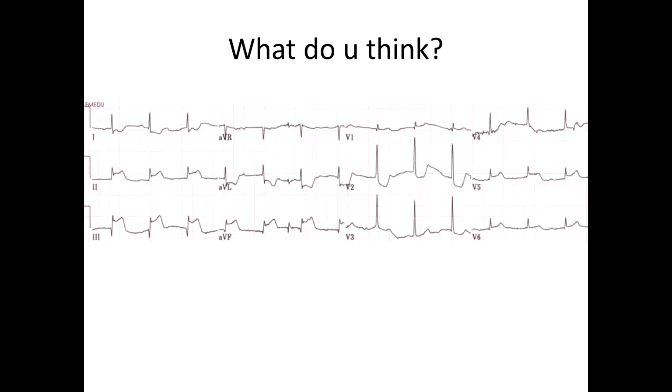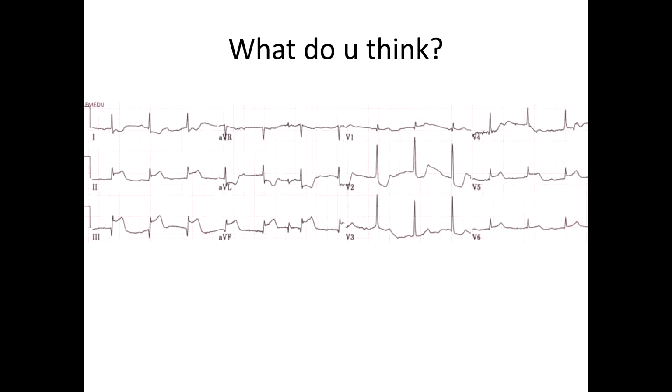But the other thing we might want to think about is if we have a posterior MI occurring, what we're going to see is an R wave that's tall, which is not supposed to be in V1, or greater than the S wave. In this particular scenario, V1 has a QR. There's no S. That's not normal.